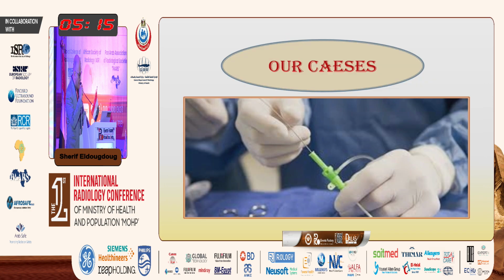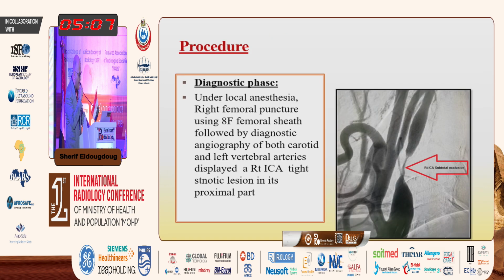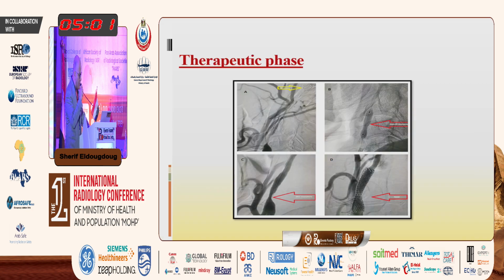Some illustrated cases. Case 1: a 54 year old smoker, diabetic and hypertensive patient presents with left side weakness. The angiogram shows right ICA subtotal occlusion in the proximal part, and the procedure was done under the protection of a filter device, then angioplasty followed by deployment of the stent.